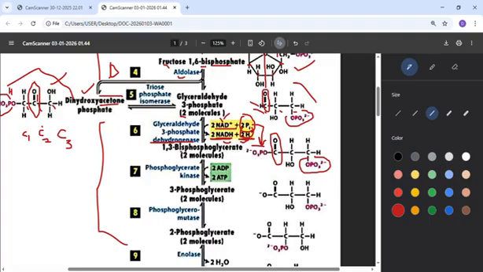Now we move to, okay, then take note of the name. The name is what? 1,3-bisphosphoglycerate. Now it means the naming of this compound. Why did they say 1,3? It means at the beginning here, number 1, and at the third one, number 3, there is what? Phosphate. So meaning that the phospho here 1, phospho here 3. So that's 1,3-bisphospho.